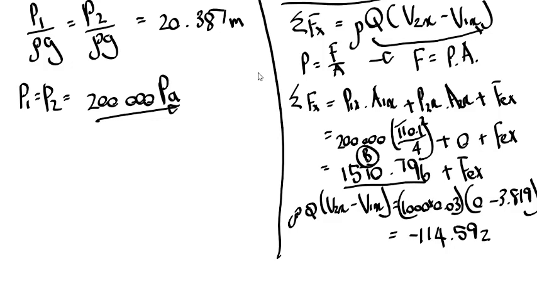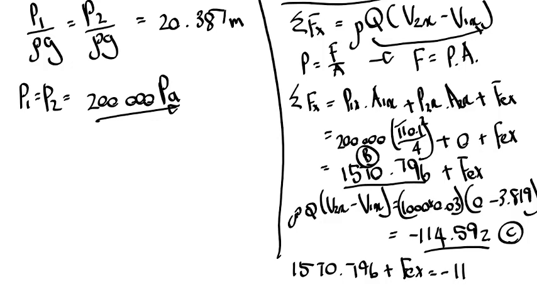So now we have our equation. Okay, so let's store this value as well. Let's store this in C. Okay, so now we can equate: 1570.796 plus FEX is equal to a negative 114.592.